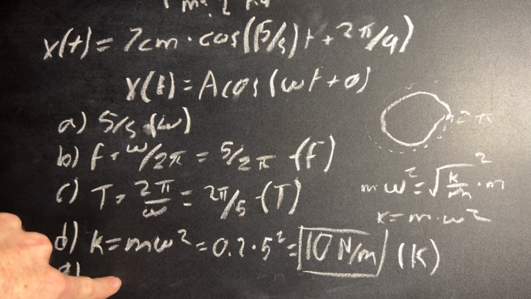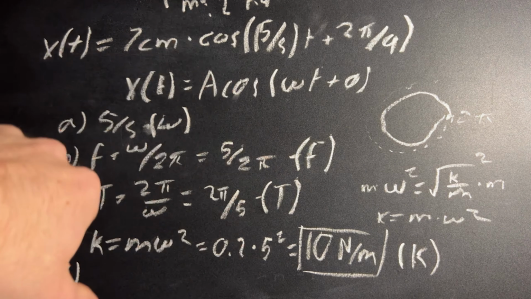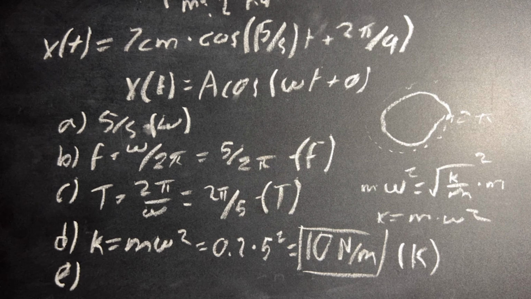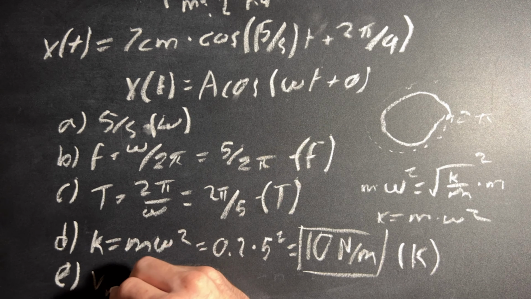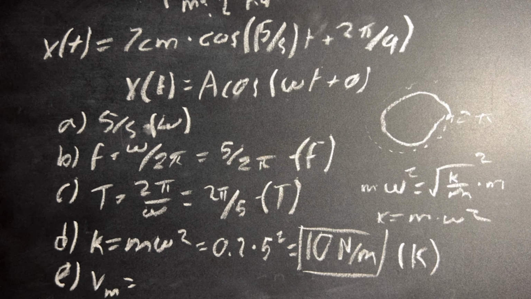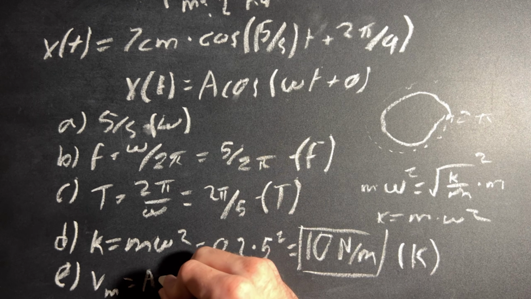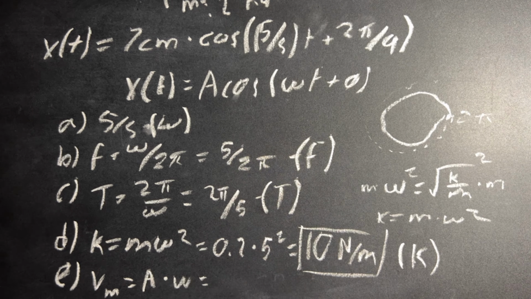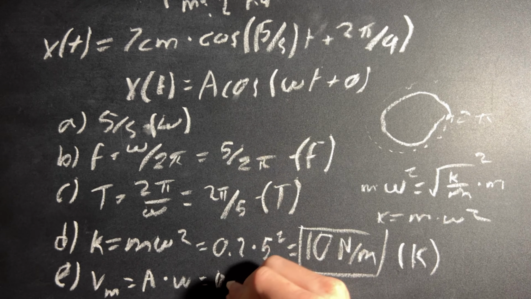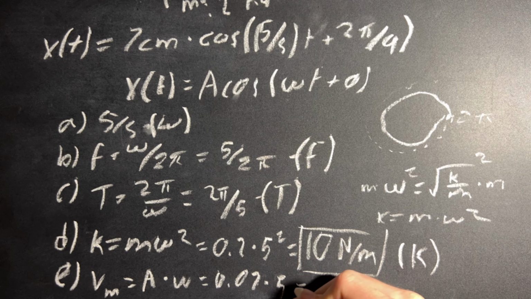So it's going to be 0.07, and we're going to multiply that by angular velocity, because another thing to note is that V max equals A times omega, which is equal to 0.07 times 5.